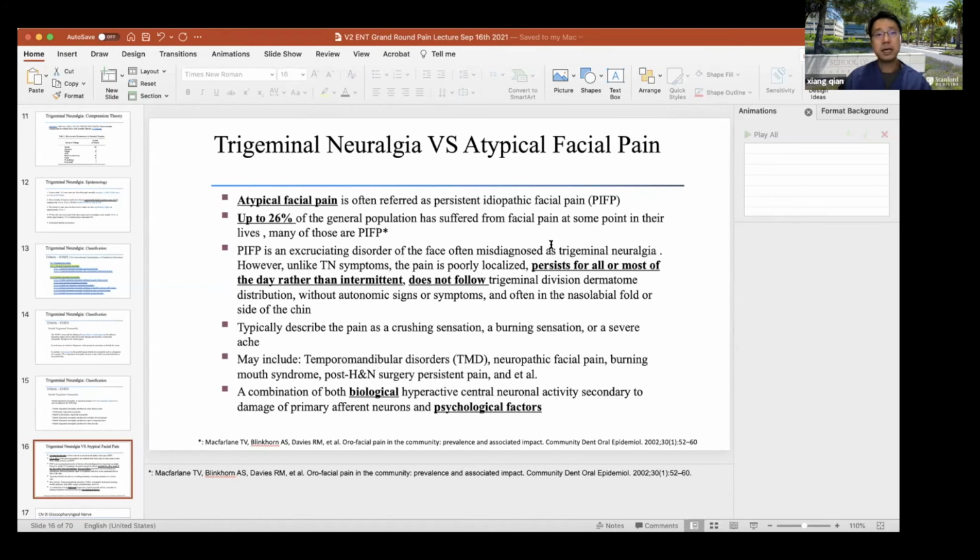We also have Merida, who's a neurologist, and Dr. Broad is a neurologist specialized in headache, but she's also the co-director of the facial pain program, along with me. To be honest, if you have someone who has facial pain but also a headache, it would be very appropriate to send them to this facial pain clinic for initial evaluation.